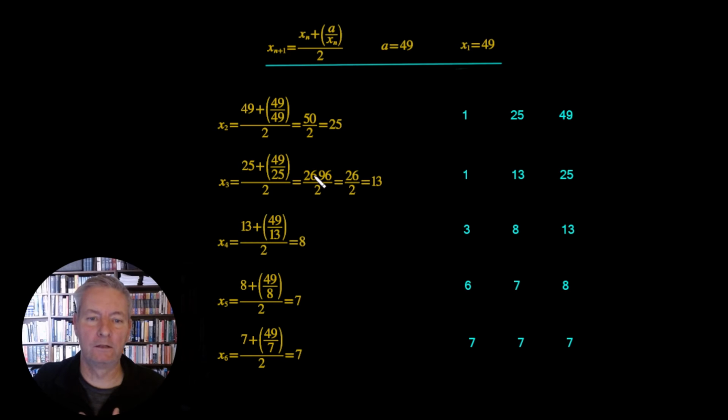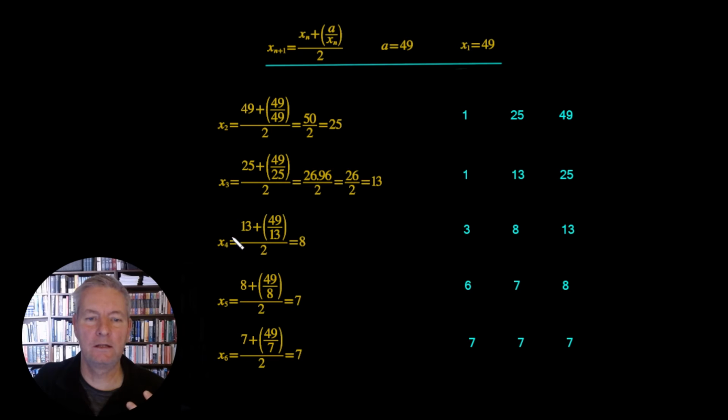We only have our integer values. But it doesn't matter, because the way the algorithm is going to work for our integer values is that we're going to take the floor of the division. So for example, this 26.96 will actually be just the value 26. So we're going to have 26 divided by 2, which is 13.